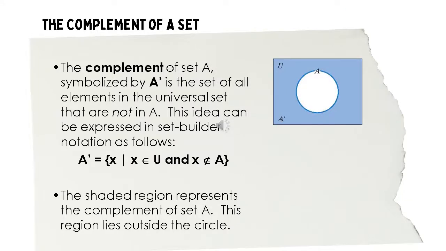Let's have the complement of a set. When we say the complement of a set, it is symbolized by A with an apostrophe. It is the set of all elements in the universal set that are not in A. This idea can be expressed in set builder notation as follows: complement of set A is equal to the elements of U such that x is not an element of set A. The shaded region represents the complement of set A. This region lies outside the circle.